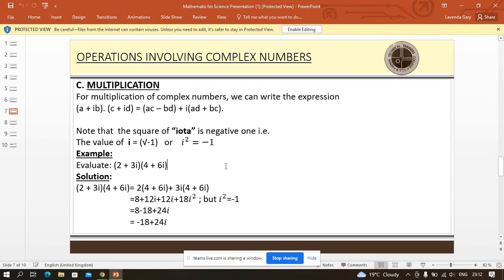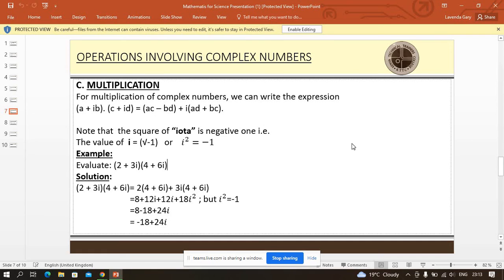The first real number multiplies everything in the other complex number, and also the imaginary number of the first one multiplies all the terms in the second complex number. So we'll have 2 into 4 plus 6i plus 3i into 4 plus 6i, to give us what as the final answer? It will give us negative 18 plus 24i.